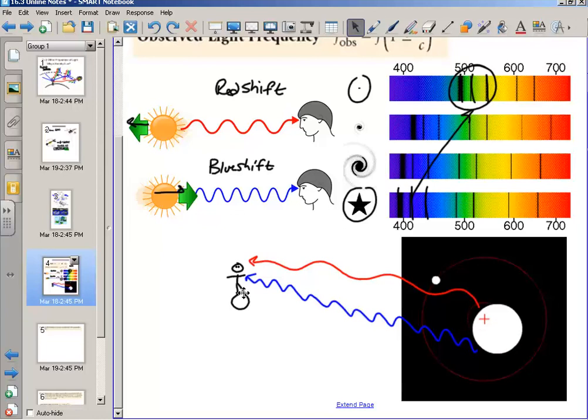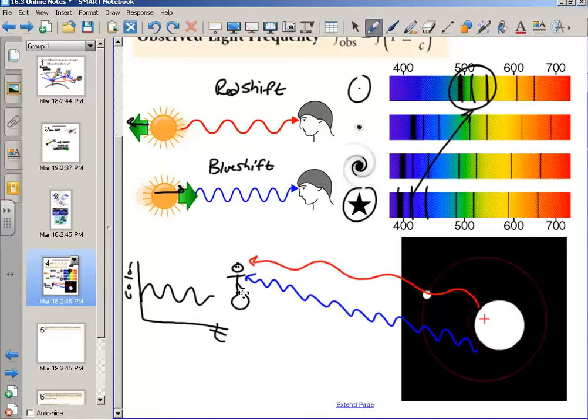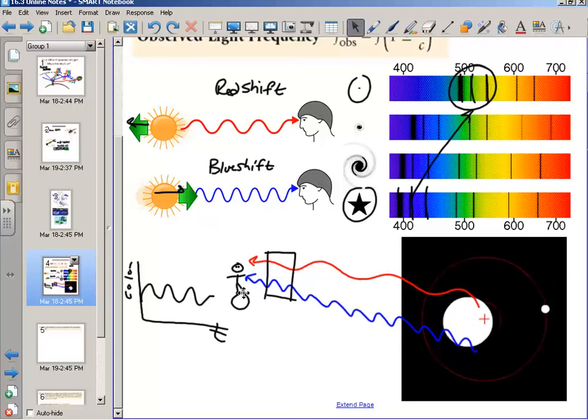So what we do is we look at the color versus time for a star. And if it does this, we know there's something orbiting it. Something is pulling this star to make it wobble, and we can figure out where that planet is, how big the planet is, how far away it is, how long it takes to orbit, all from dissecting the light that comes from it. The light tells us a great deal about the planet.